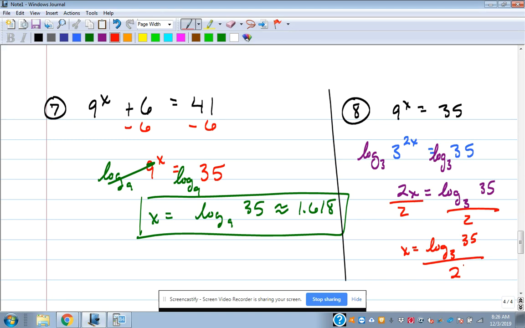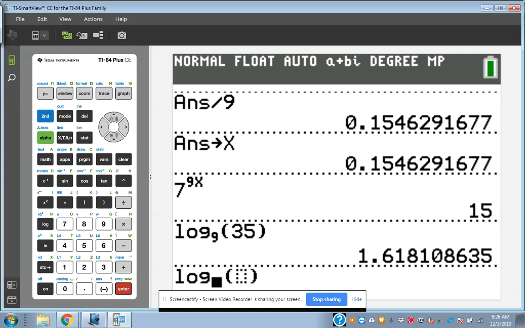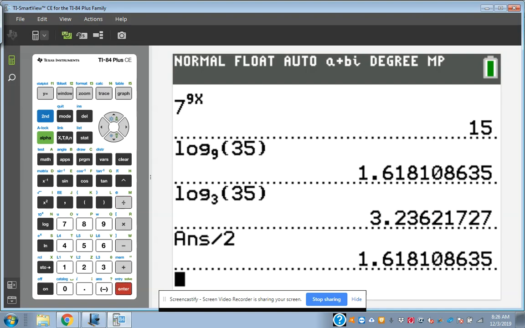So the decimal approximation for log base 9 of 35 should be the same as the decimal approximation for the log base 3 of 35 divided by 2. So I'm going to check that. So math, log base 3 of 35, bless you. Then divide that by 2. And what do you know?